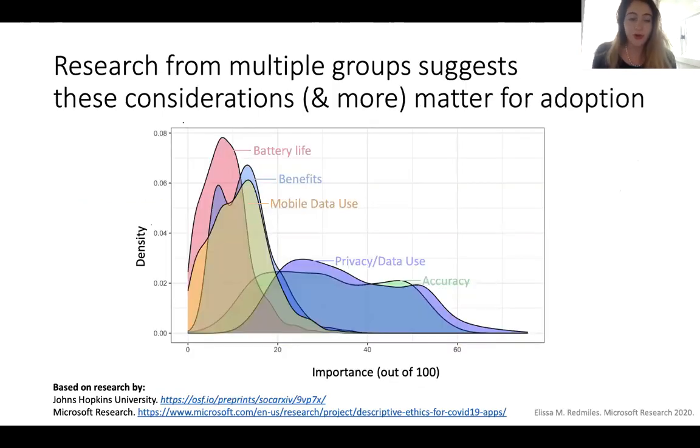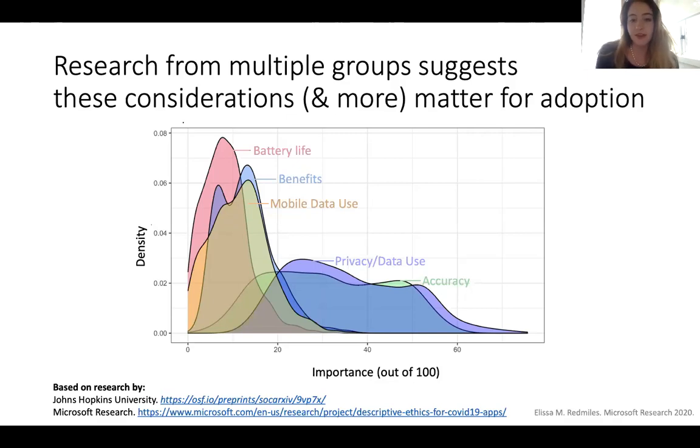Research from multiple groups has suggested that these considerations, and even more that I won't have time to cover today, do matter for adoption. This is the result of some research from the University of Michigan and Microsoft Research, where they were able to look at what components would make up someone's hypothetical decision to install a COVID app.